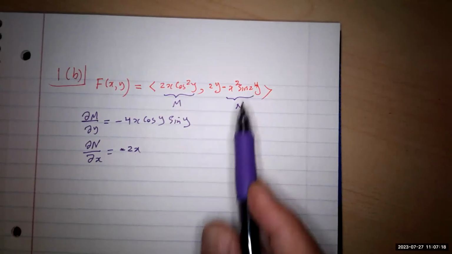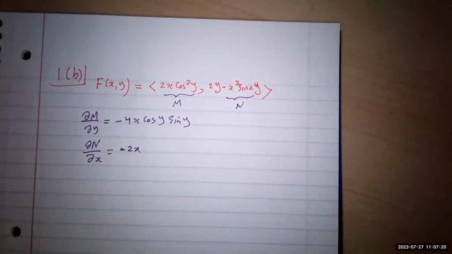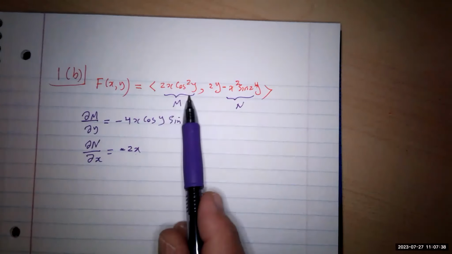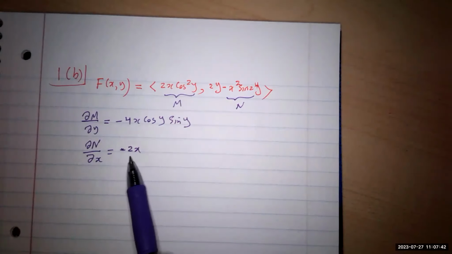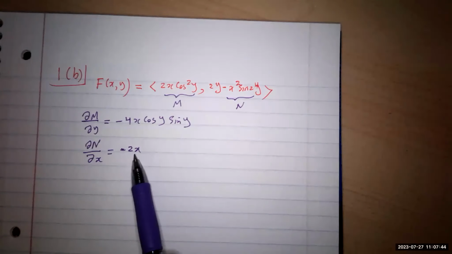I don't see this one because I'm going to differentiate with respect to the x. I have to check it again. So the first part was 2x cosine square of the y. So when I differentiate it, that is going to be the case. Okay, so the second part is negative 2x.